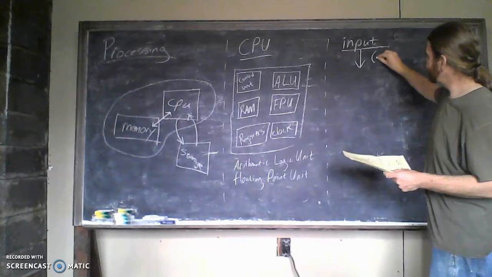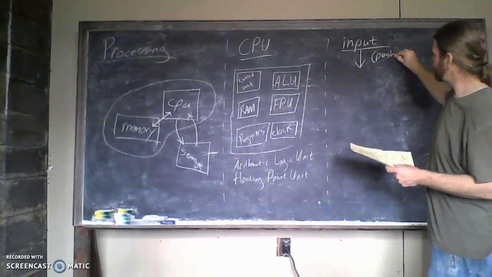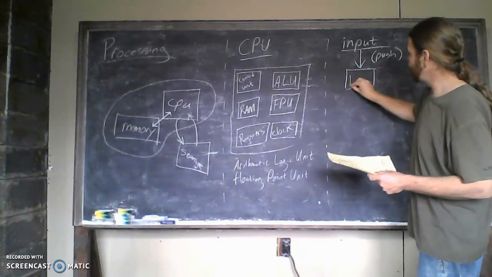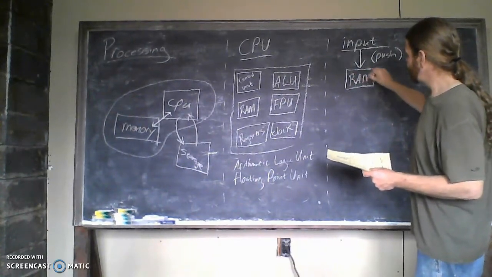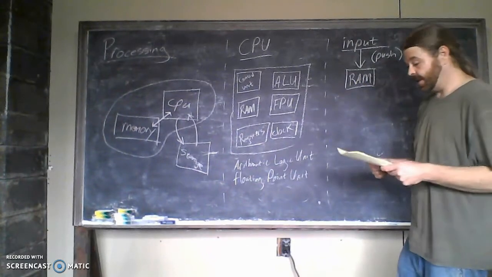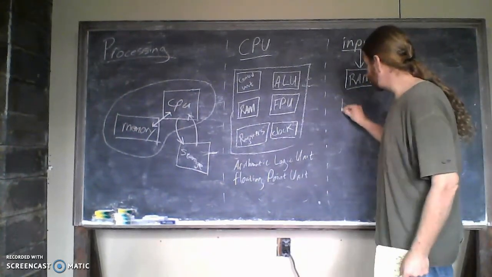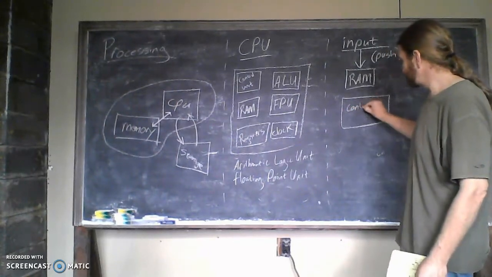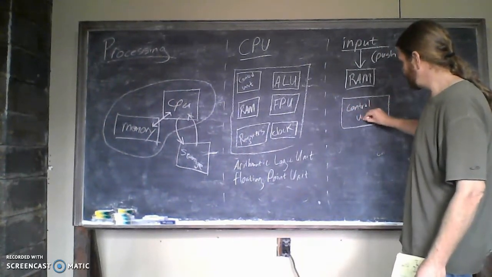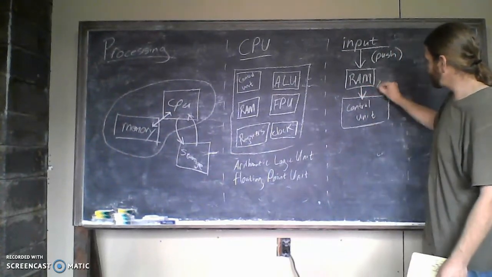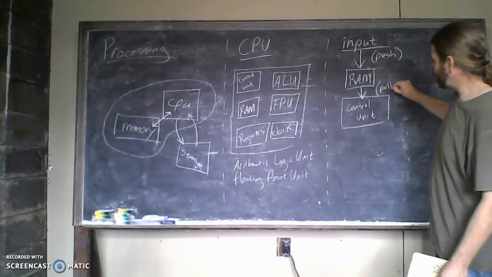Then that gets pushed onto RAM, the memory. That gets pushed someplace where we can hold it. And it's just going to sit there until the control unit is ready for it. And then the control unit will pull it from RAM.